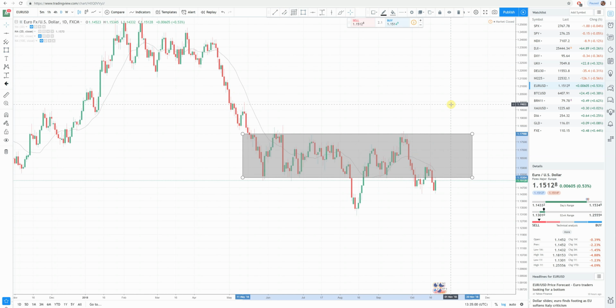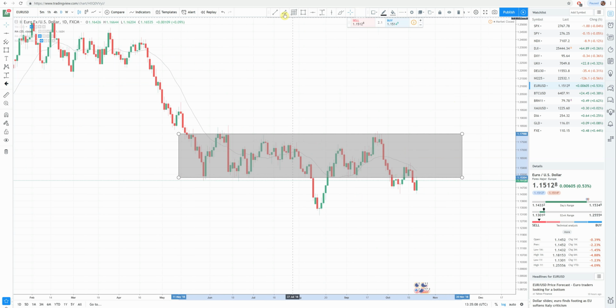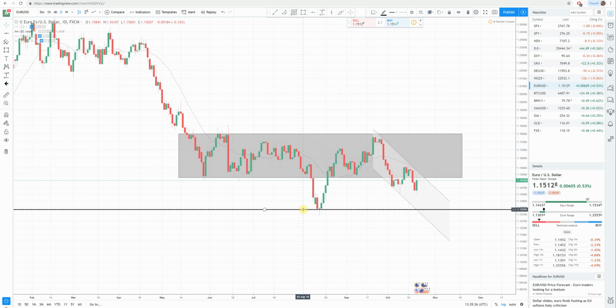And the thing with the pair right now is that it has just breached this support level, and we can see a possible down channel forming until we possibly reach this level of support, which means that for this pair next week we'll also have a few options for intraday trading.